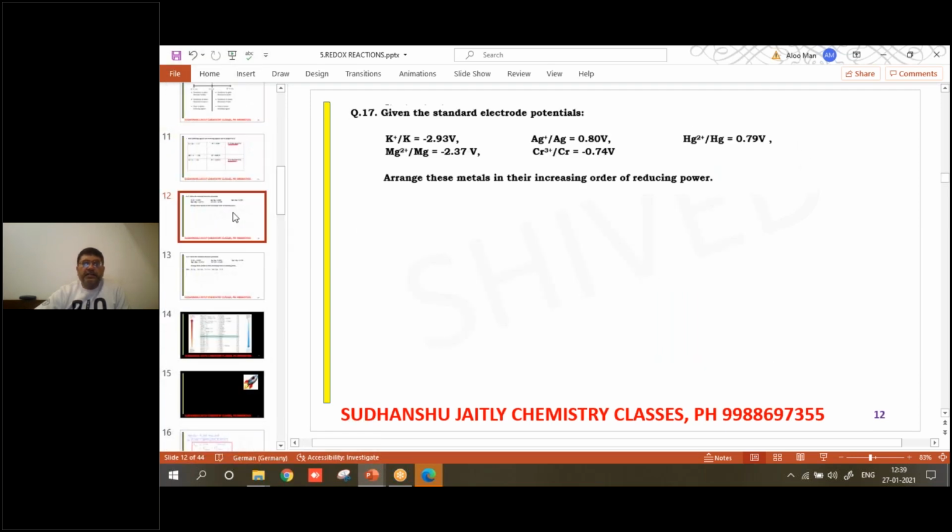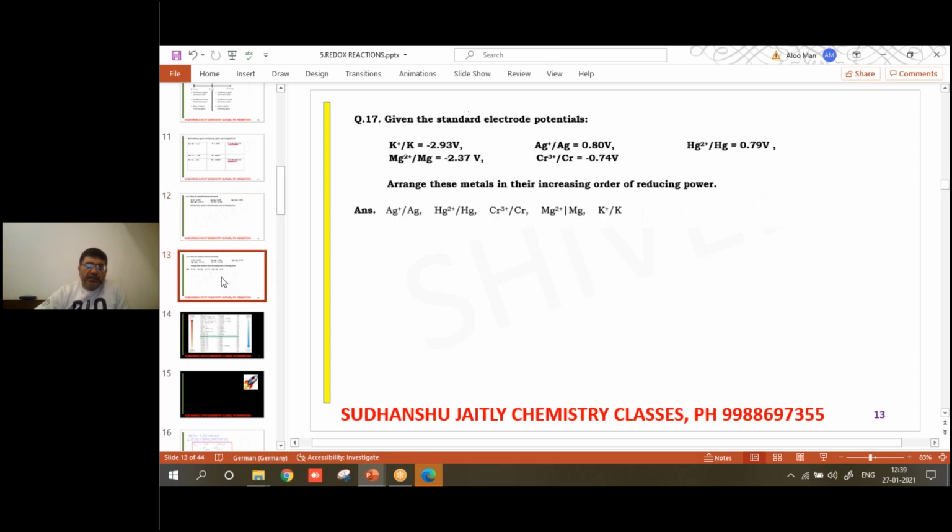We can arrange the substances on the basis of their increasing or decreasing oxidizing or reducing power. This question is one of the easiest, but most students commit a mistake because they forget what the examiner has asked. One thing you should notice, he has asked increasing order and then the reducing power.